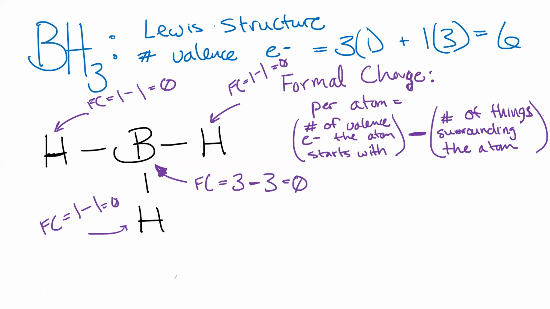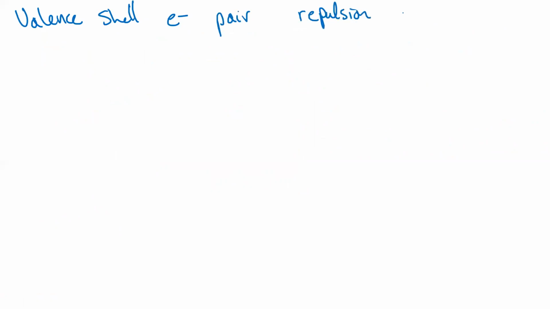Let's therefore take this opportunity to look at the geometry of this thing. Now, remember that valence shell electron pair repulsion theory says that each bond, be it a single, double, or triple bond, is 1 electron cloud. So that molecule that we just drew has, here's the structure again.